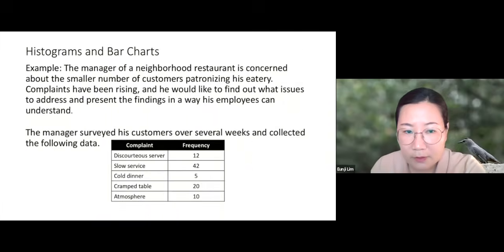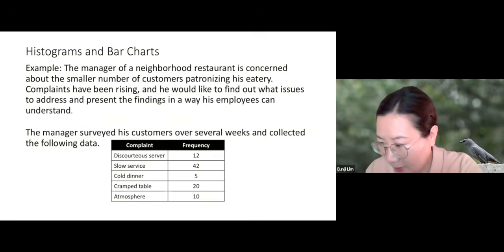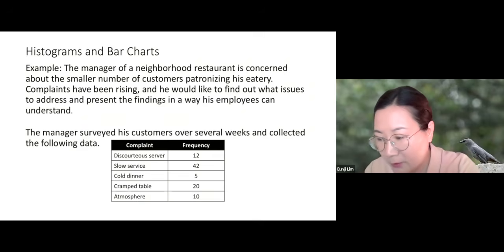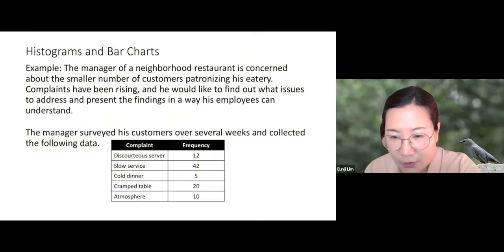Now the next one is histograms and bar charts. Histograms are also called bar charts, and let's take an example. The manager of a neighborhood restaurant is concerned about the smaller number of customers patronizing his eatery. Complaints have been rising, and he would like to find out what issues to address and present the findings in a way his employees can understand.